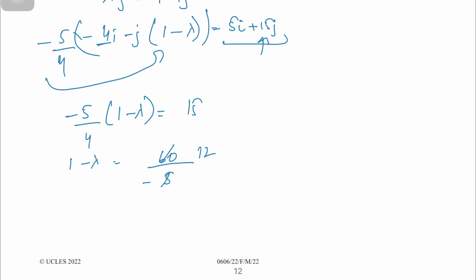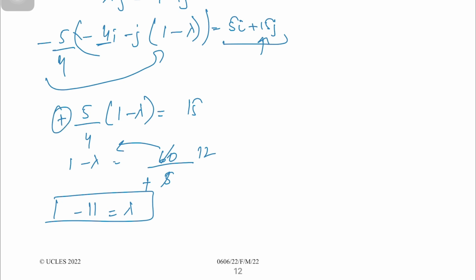I think I made some mistake over here again. This would be positive 5 by 4, 5 over 4, I guess. And this would be positive. This 12 would go over there. So this would be 1 minus 12, which is negative 11 as our lambda. We get our lambda is negative 11.